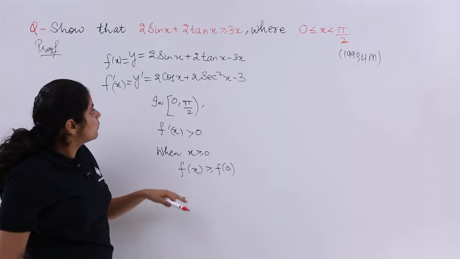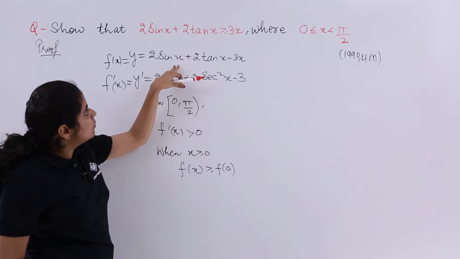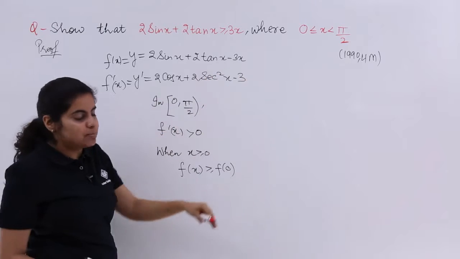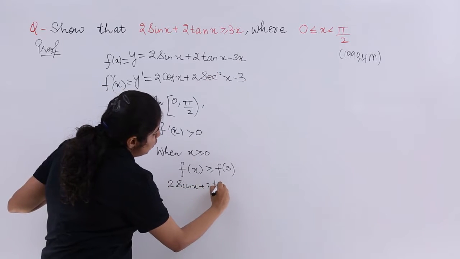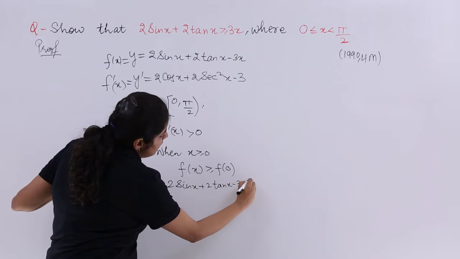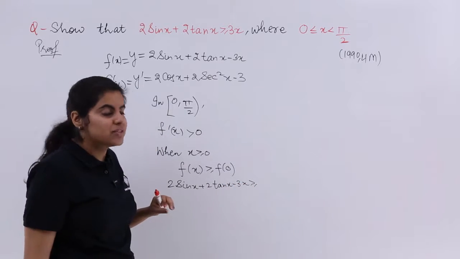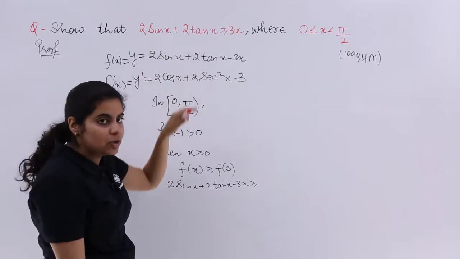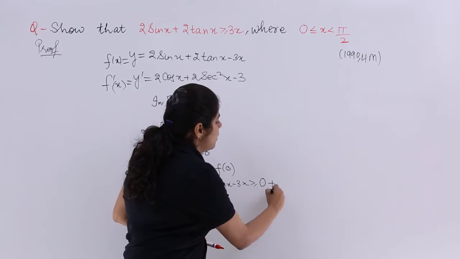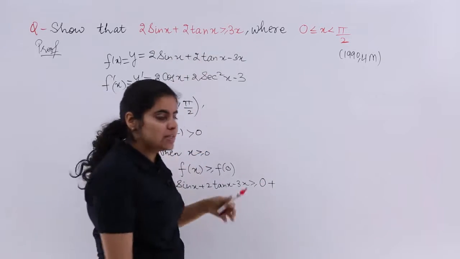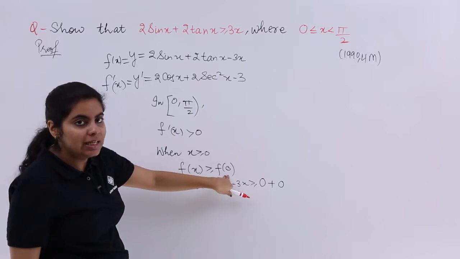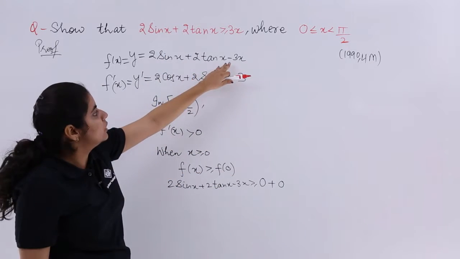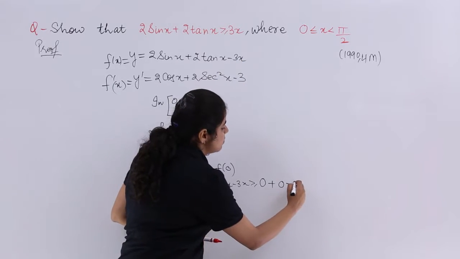So now f of x is nothing but 2 sin x plus 2 tan x minus 3x. So 2 sin x plus 2 tan x minus 3x should be greater than or equal to f of 0. Put 0: 2 sin 0 is 0, plus 2 tan 0 is 0, and then minus 3 into 0 is minus 0.